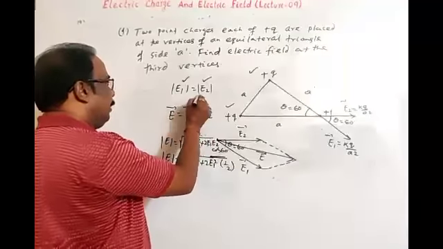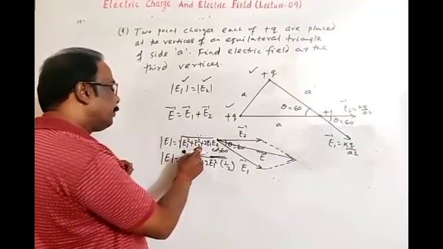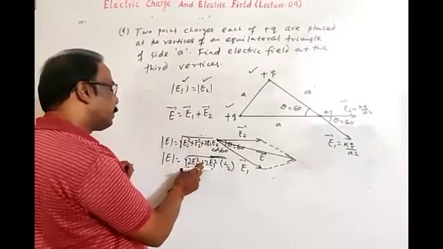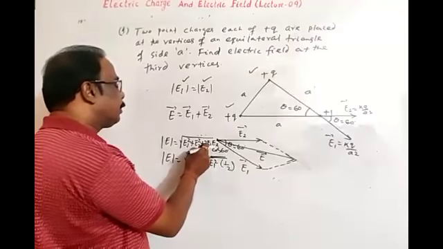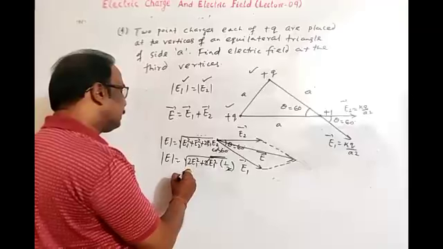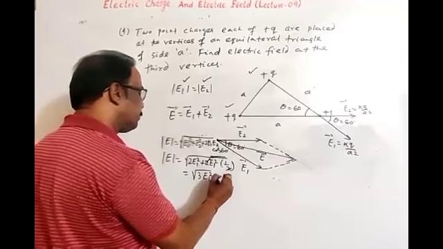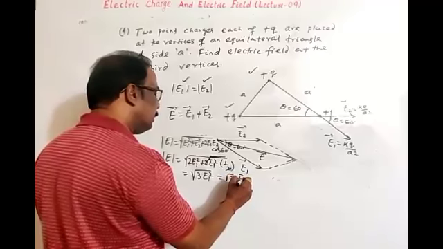The 2 gets cancelled, and this is equal to square root of 3E1 square. So this is root 3 E1.